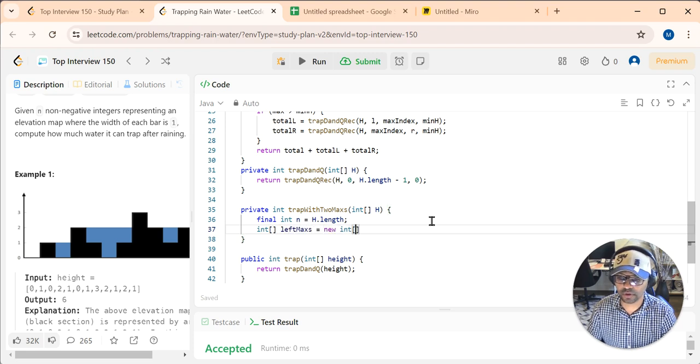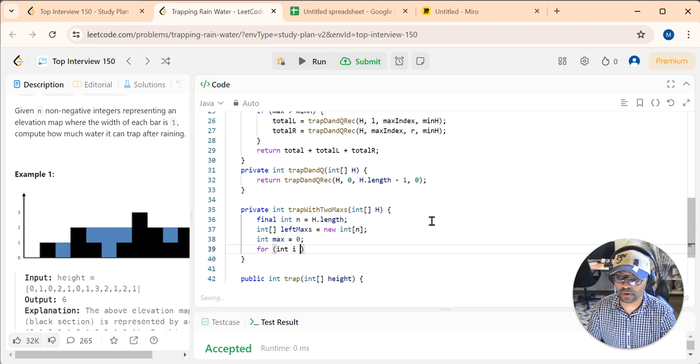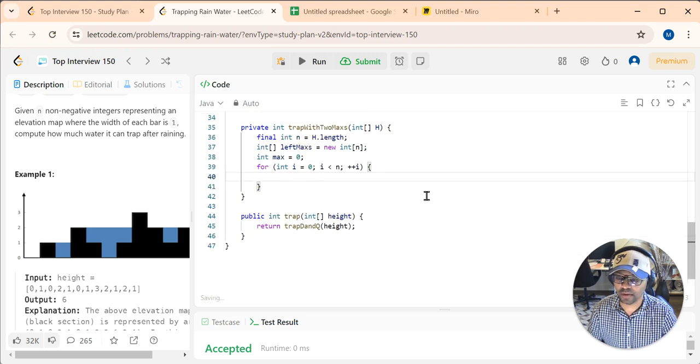So int max equals 0, for int i equals 0, i is less than n, plus plus i. Okay, so when we are calculating the left max for the ith element, it's already the existing value of max, and then we update max, right?